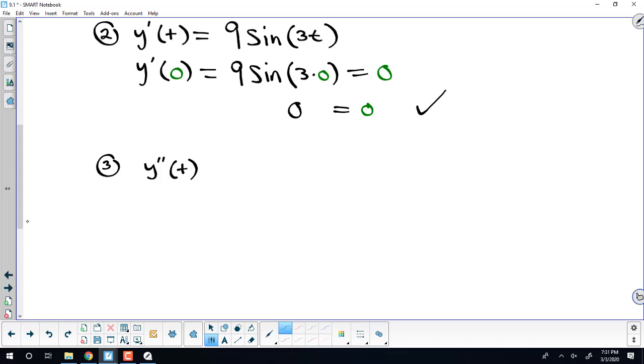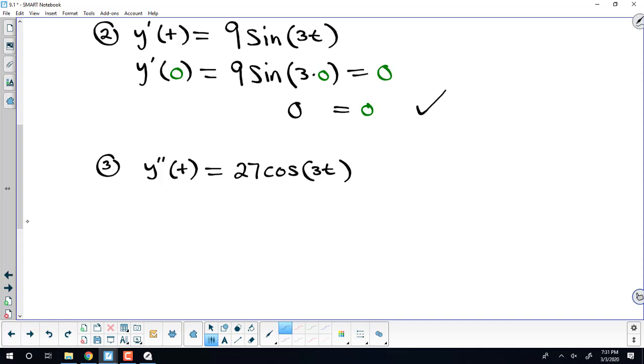So the derivative of 9 sine 3t would be 27 cosine of 3t. So y double prime plus 9y.